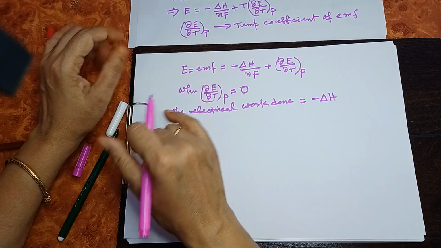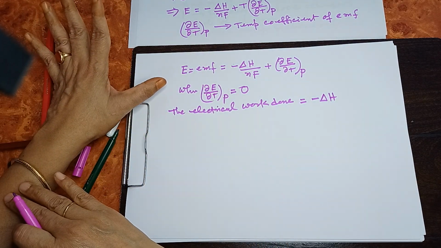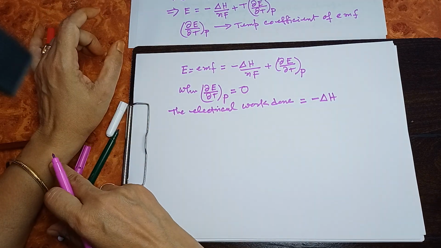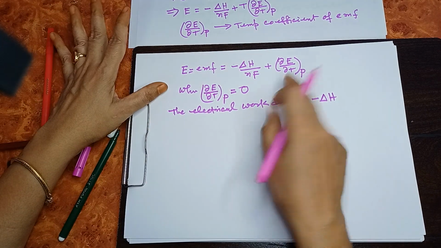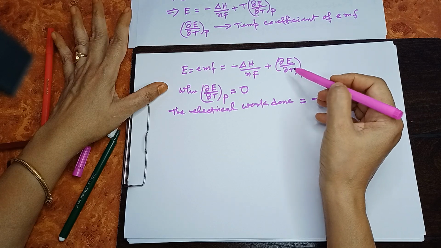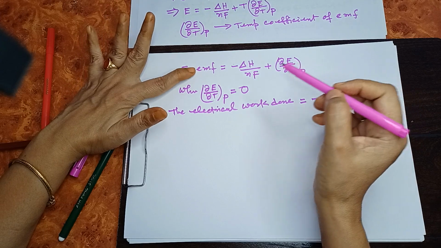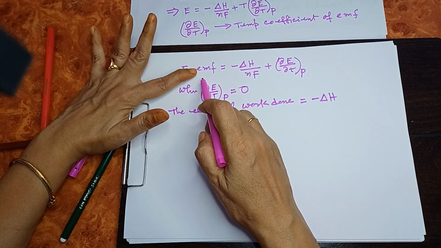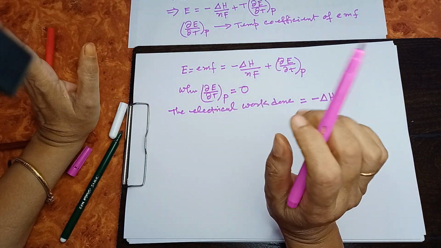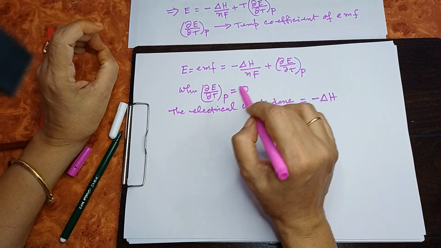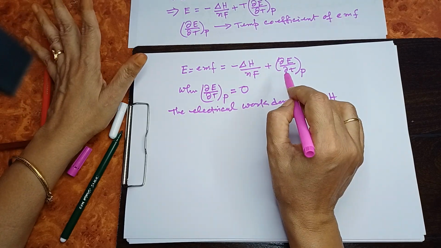And now from this equation, which is derived from the Gibbs Helmholtz equation, if you know this temperature coefficient of EMF and if you know this E cell or EMF, then you can calculate the heat evolved, that is the change in enthalpy.